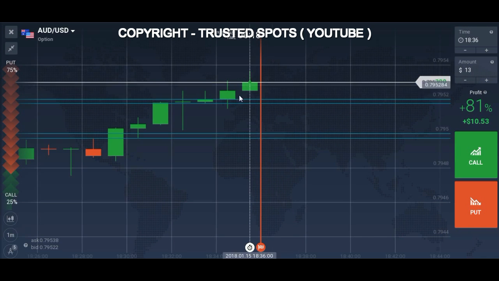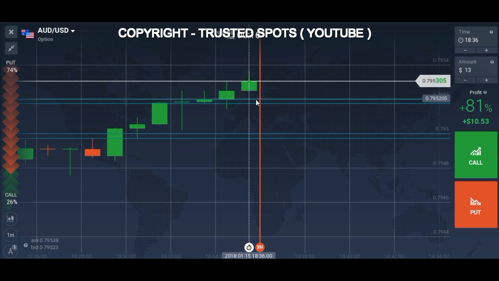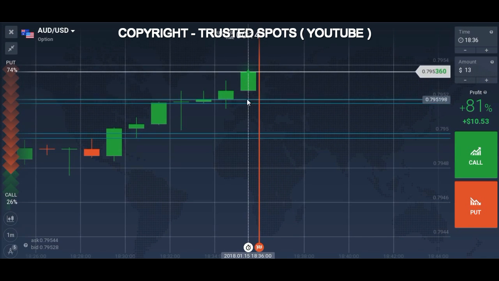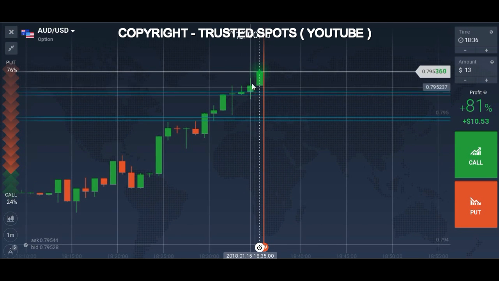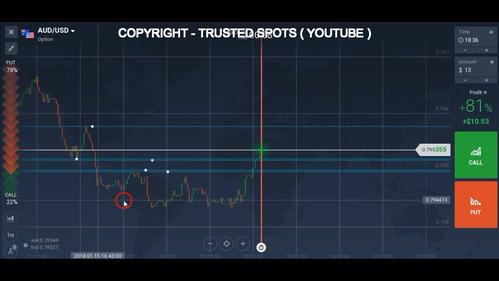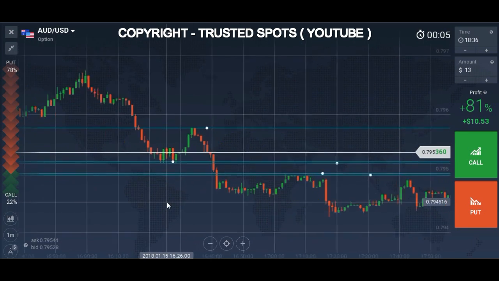Let's wait for this candle. If this candle goes down, hitting this level and closing above, then we can place a call. As this candle crossed and broke the level, I will wait.